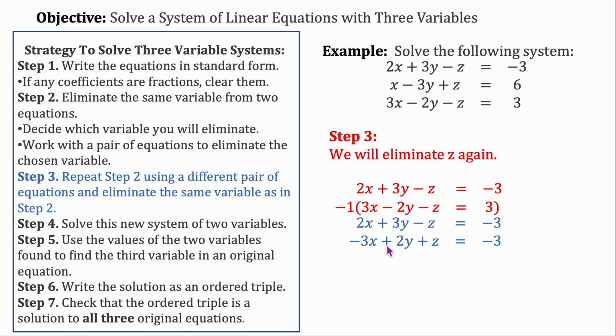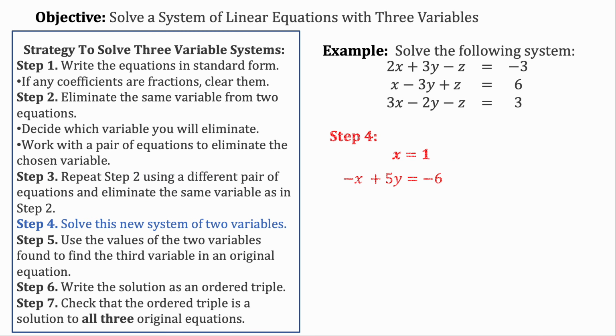When we do that, we get -3x plus 2y plus z equals -3. Now that these 2 terms that we're trying to eliminate are opposites, go ahead and add those 2 equations together. Look at our x's, we get -x. Our y's, we get 5y, and then bring down your equals, and we get -6. And now we can move on to step 4.